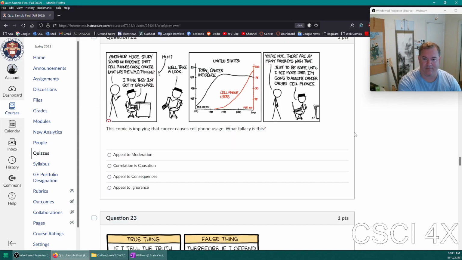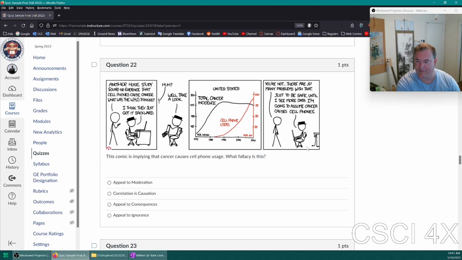All right, now we got a webcomic, XKCD, right here. Another huge study found that there is no evidence that cell phones cause cancer. What is the WHO thinking? Well, I think they just got it backwards, huh? If you look at the cancer incidence, which has been rising, cancer incidence rose, and then cell phone use skyrocketed after that.